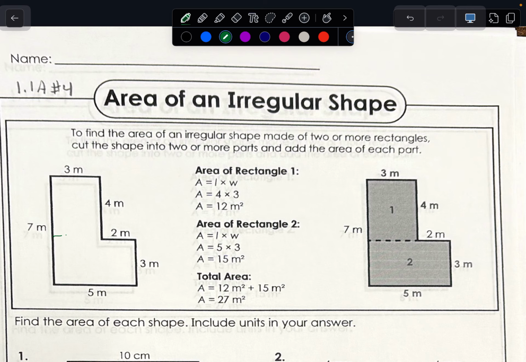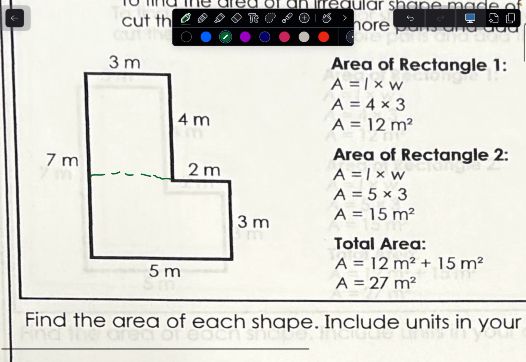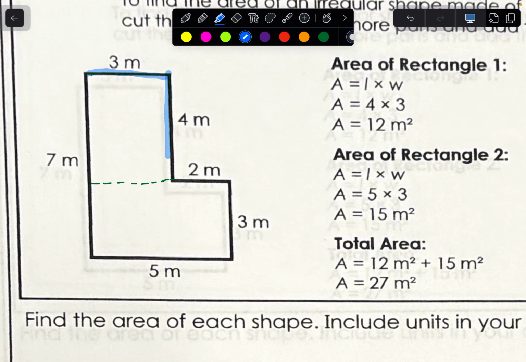So if you look, the thing that you want to consider is, what measurements have they given us and how can we tell what those measurements are? So let's focus on this shape for a minute. If we break it down right there, and I'm sorry that's so not straight, you can clearly see that this one is 3, but don't use the 7.